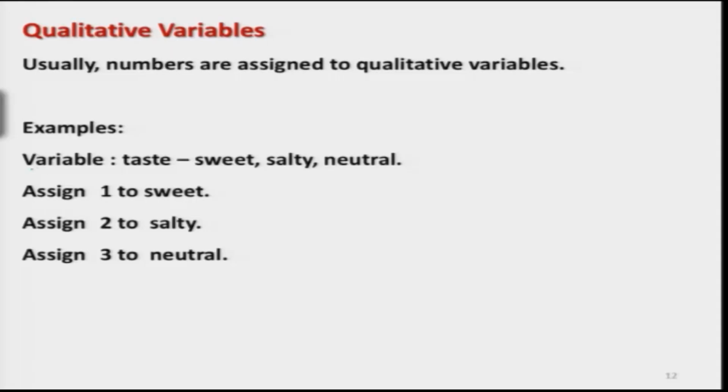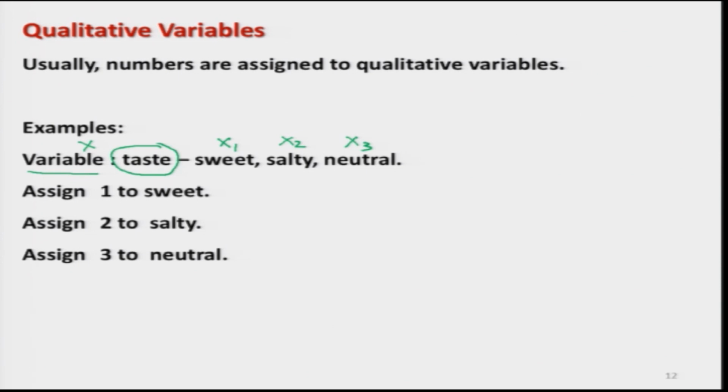So, now I will take an example to show you how we handle a qualitative variable by associating a number with it. Suppose I consider the variable x as taste. Taste takes 3 possible values, capital X1 denoting sweet, capital X2 denoting salty, and capital X3 denoting neutral.